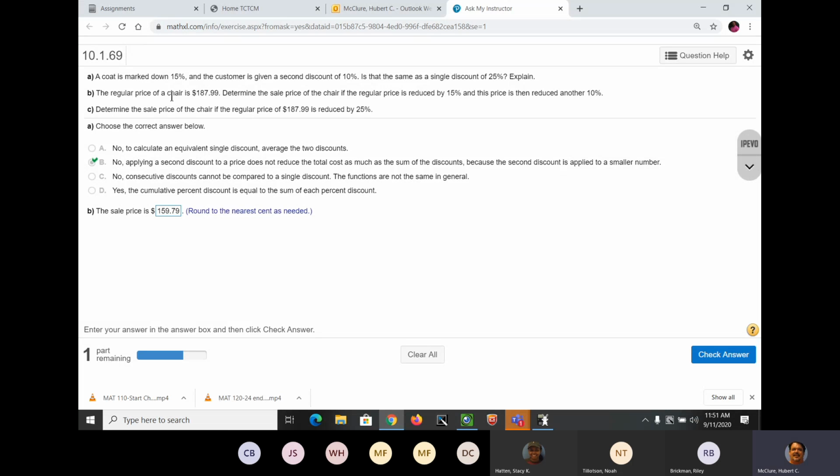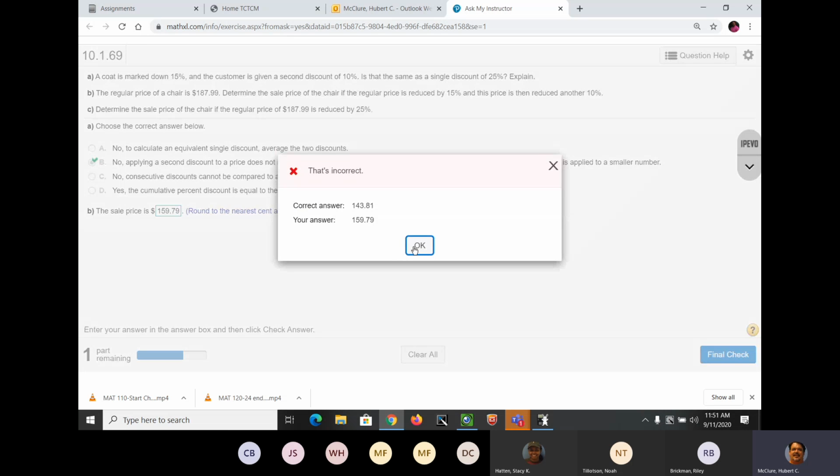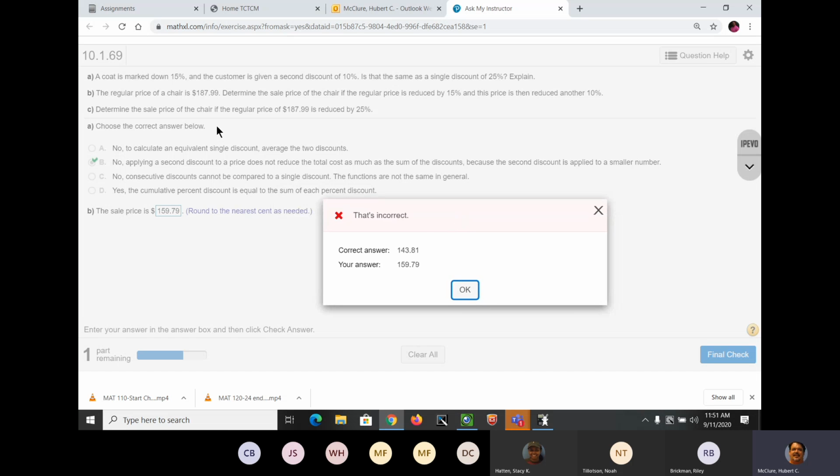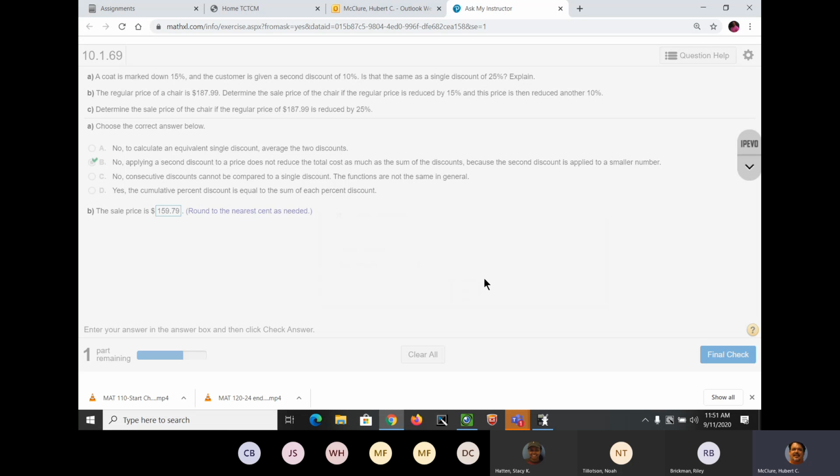The regular price of a chair is 187. Determine the sale price of the chair. Okay, I'll stand by my answer. I have no idea how they got that. Determine the sale price of the chair if the regular price is reduced by 15%, and this price is then reduced by 10%. Oh, I'm sorry, I didn't read the directions.